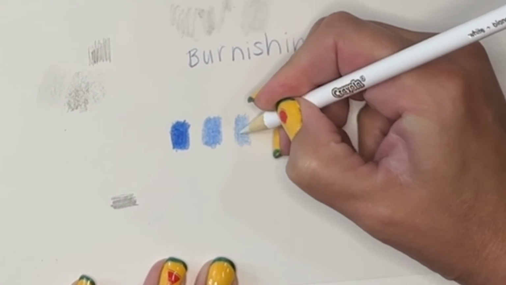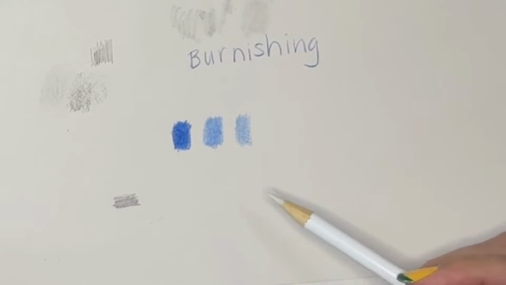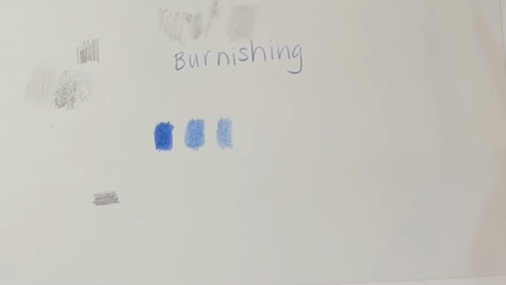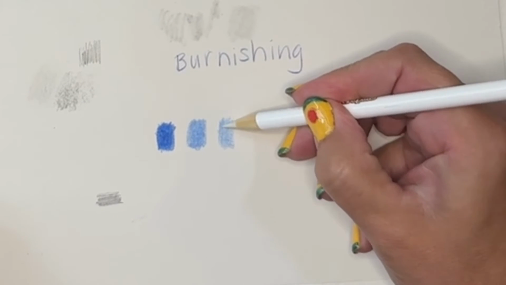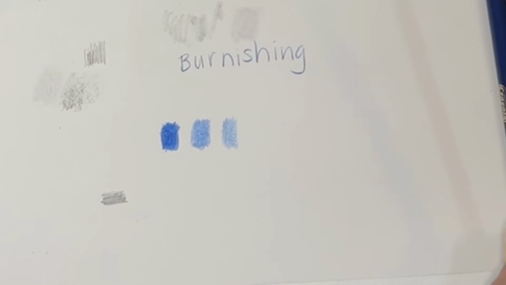The cheaper colors don't tend to burnish as well, especially with the white. The more artist grade pencils are going to burnish a little bit better when you're using white. And you can also layer it with another color.